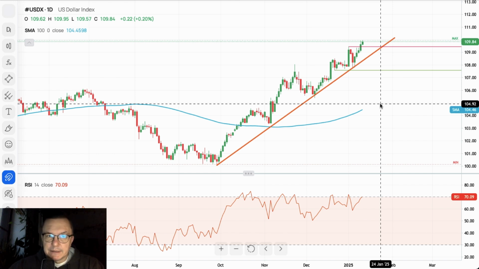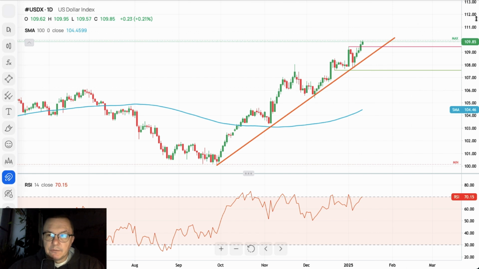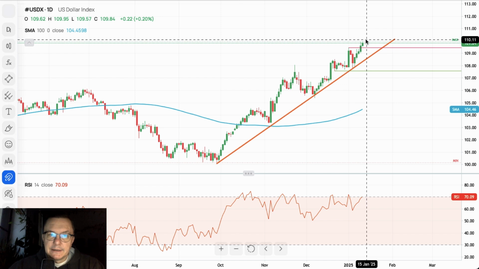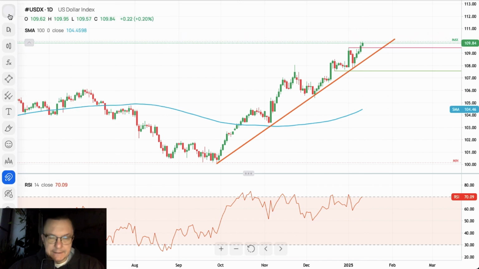So please be prepared that we might see euro dollar below the parity, British pound or cable below the 1.2 level, and the US dollar index moving way higher, back above 110, and then climb again towards 113.